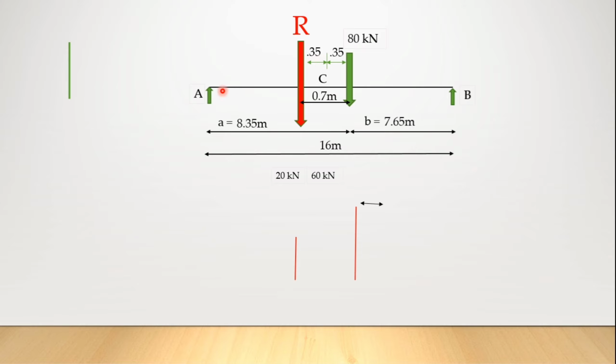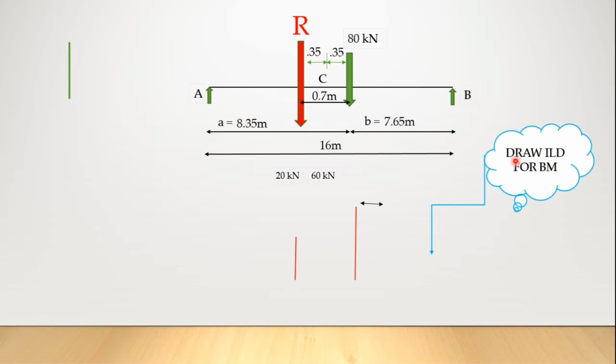Now you see from A to C the distance is 8 meter, and from A to this load, 8 plus 0.35, so this is 8.35. About this point we have to draw the ILD for bending moment.